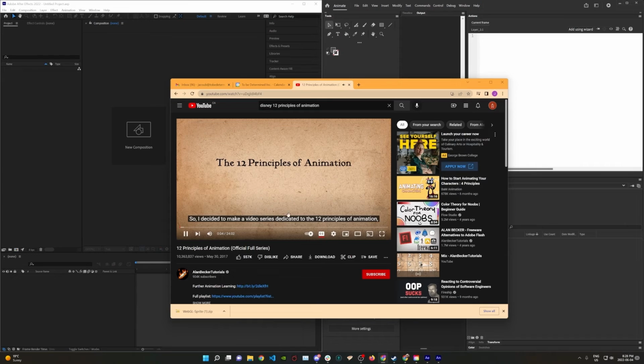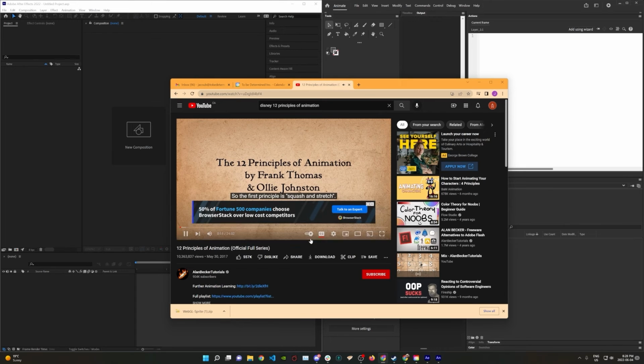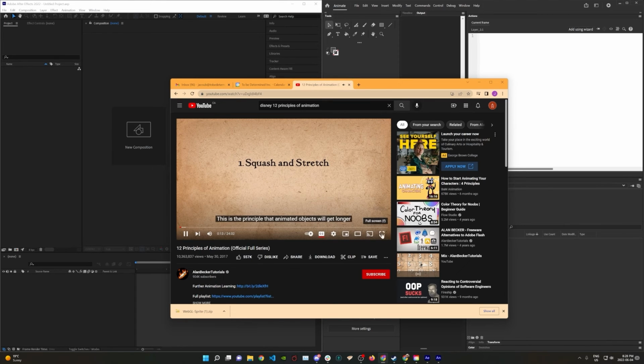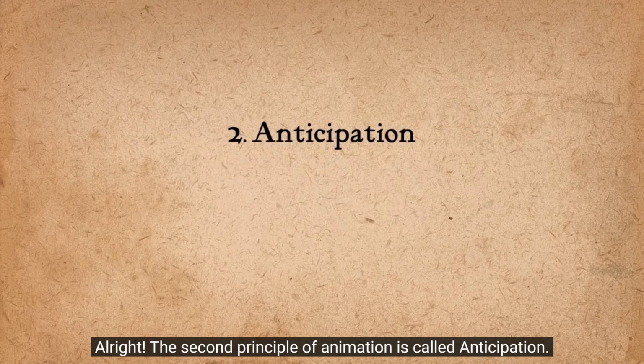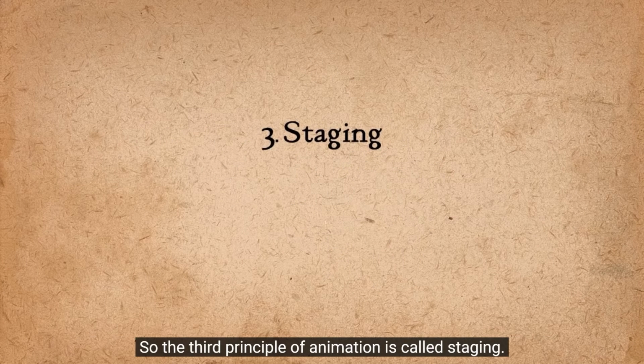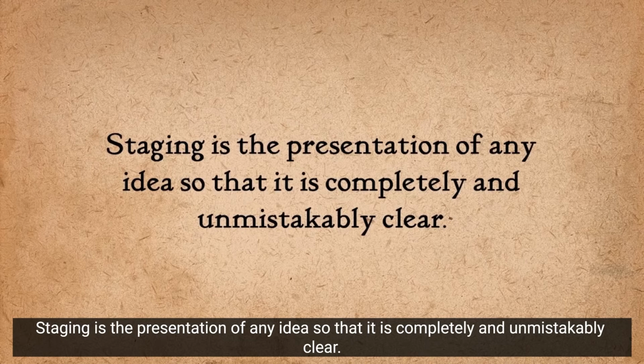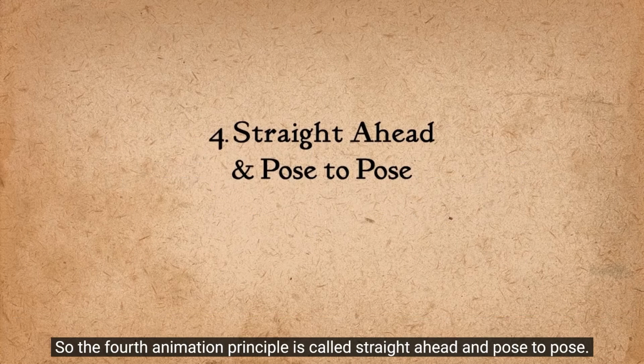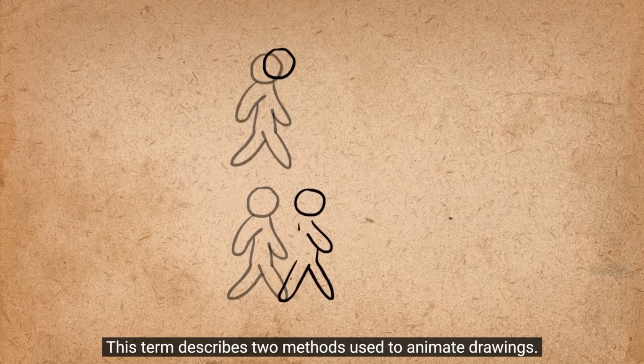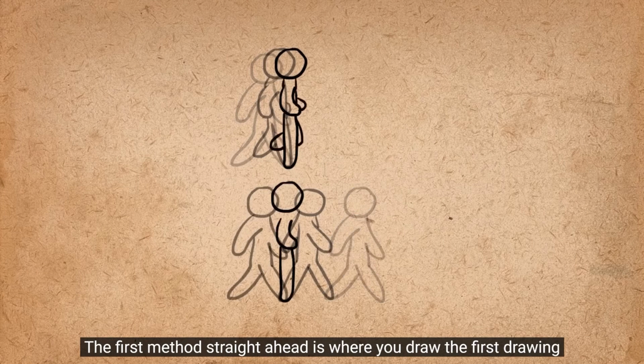Here are the 12 principles of animation by Frank Thomas and Ollie Johnston. So there's squash and stretch, anticipation, staging, which is making sure that everything is unmistakably clear, straight ahead and/or pose to pose, which is a choice of animation style.